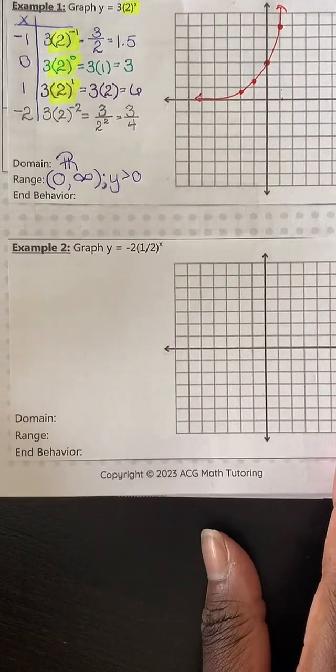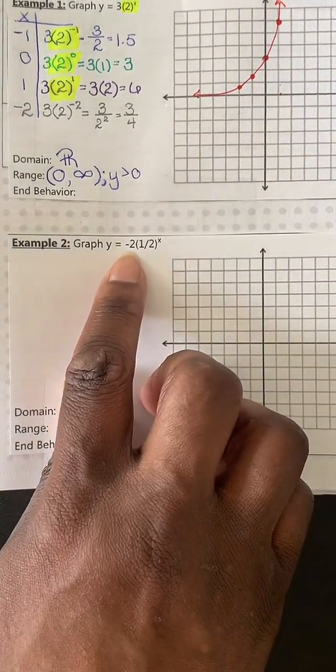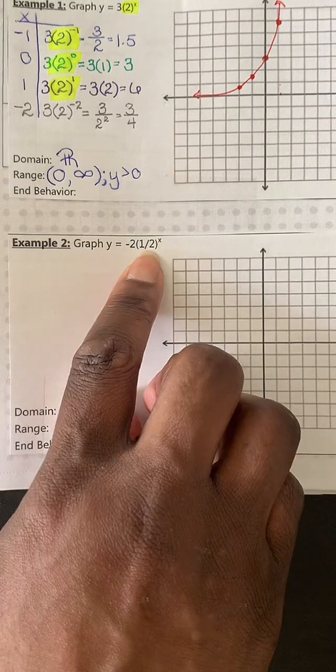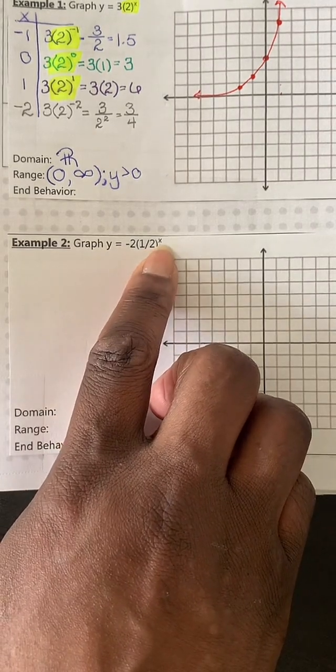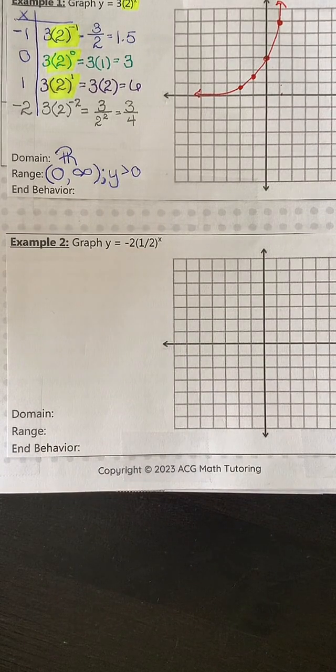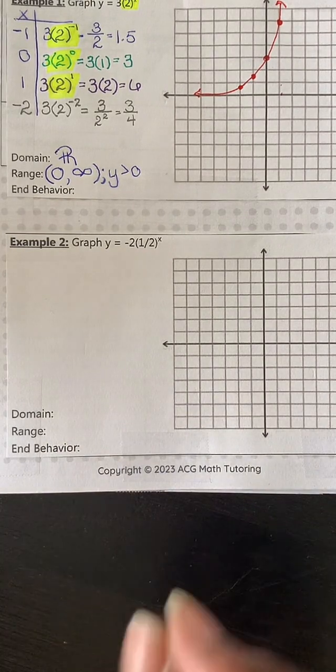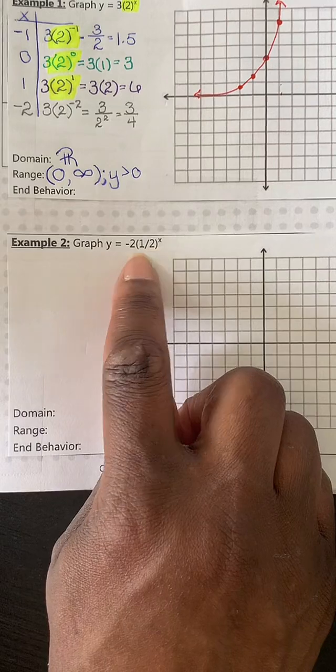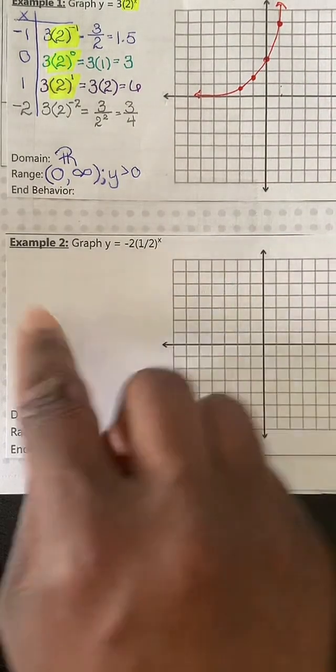Okay, so this time we're going to graph -2 times 1/2 to the x. So I know right away a lot of you guys are like, oh, yeah, I can just say it's going to be a decay. And I always ask how you know that this is going to be a decay, a decreasing.